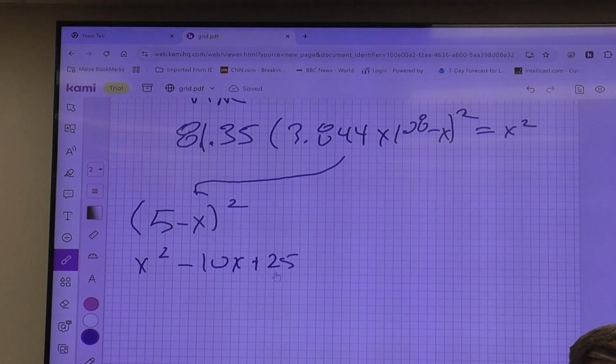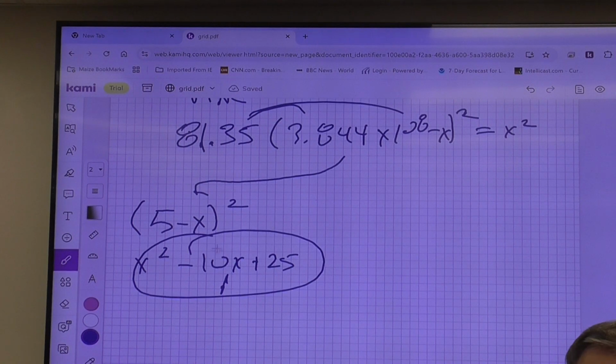You ready to remember that? So one option is that you expand this value, and you do just what Gavin did. You take the 3.844 times 10 to the 8th, square that to get that value, multiply it by 2 to get that, and then you're going to have your x squared. Then you're going to distribute 81.35 over all of that.